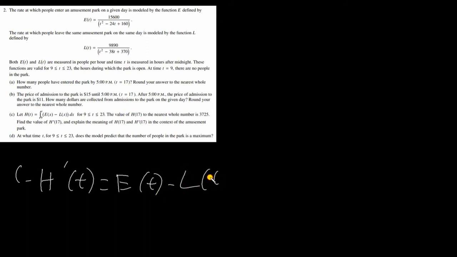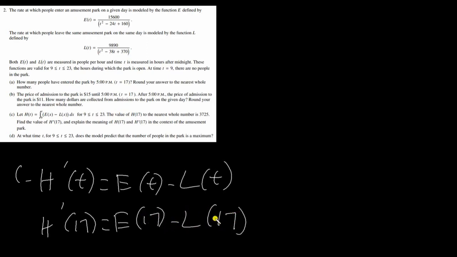For the actual question, they want us to find the value of h prime of 17. So if we take the derivative of this accumulation function, we're just going to get the stuff that's inside the integral. So h prime of t is e of t minus L of t.